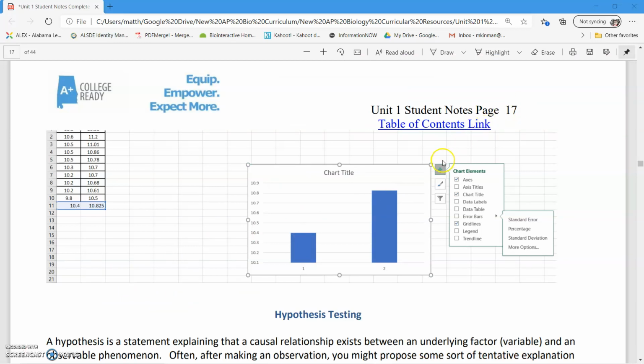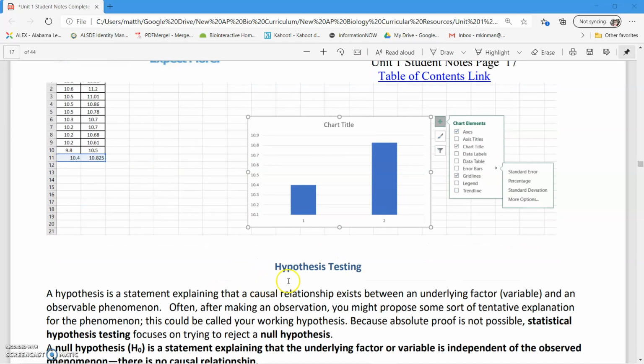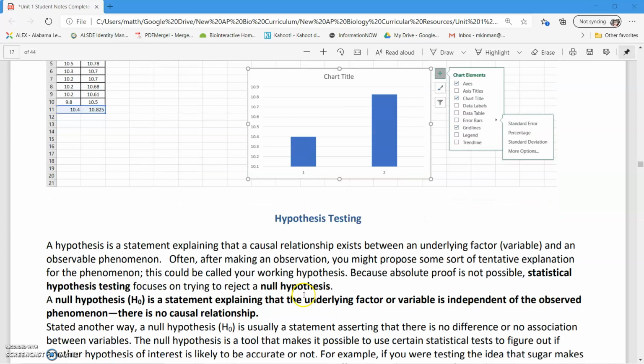So on page 17 of your notes, it starts talking about hypothesis testing. So we're testing the null hypothesis. Here it explains a null hypothesis is a statement explaining that the underlying factor or variable is independent of the observed phenomenon. There is no causal relationship. In other words, the pill bugs are just randomly choosing a side.